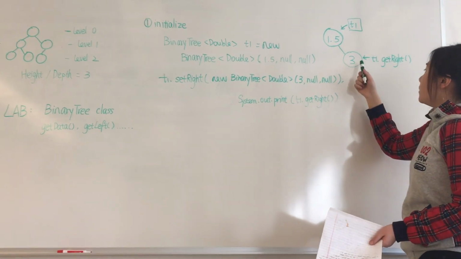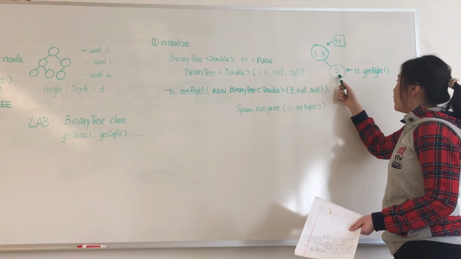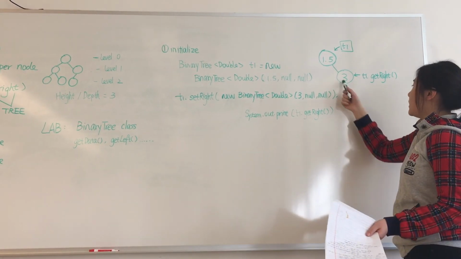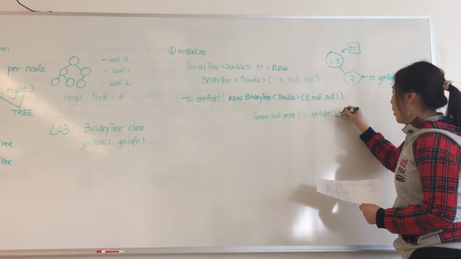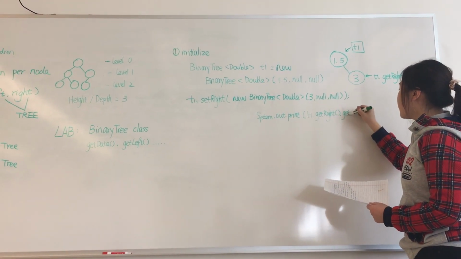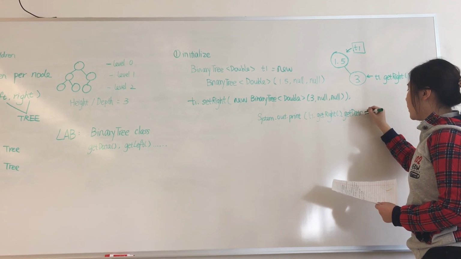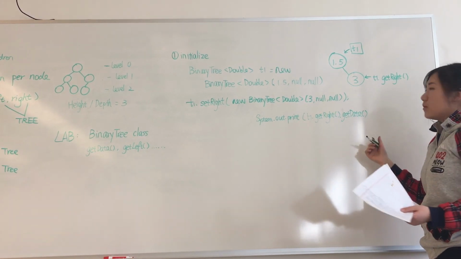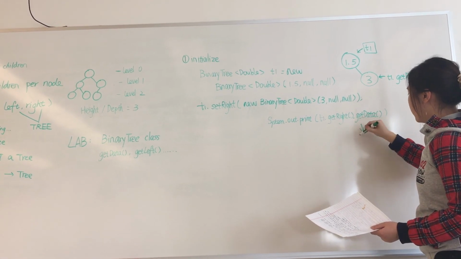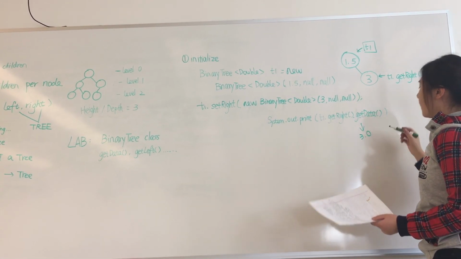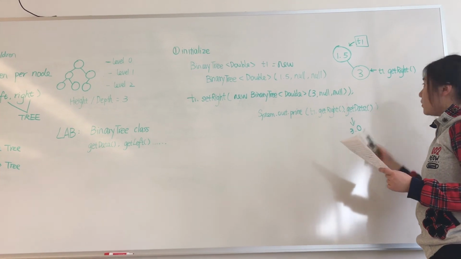So if you want to print out 3, you have to actually print out the data inside this tree. So instead of just saying T1.getRight, you also have to call getData, and getData will actually return you a double. So for example, it will return you 3.0, and this will give you the data of the tree.